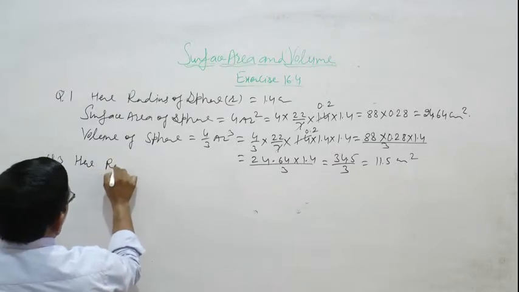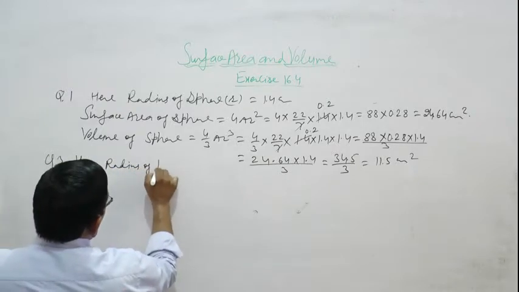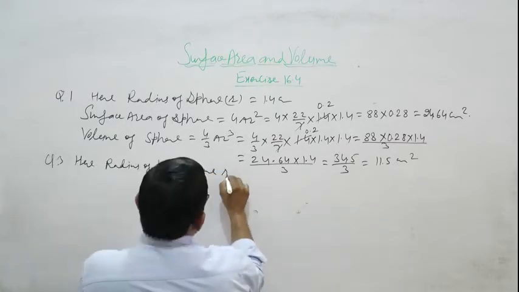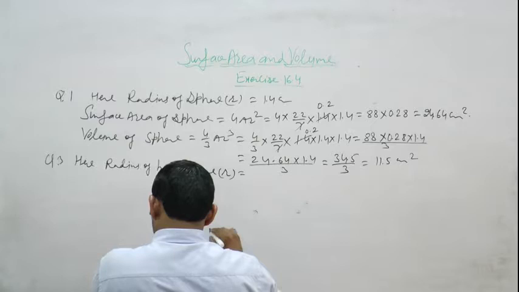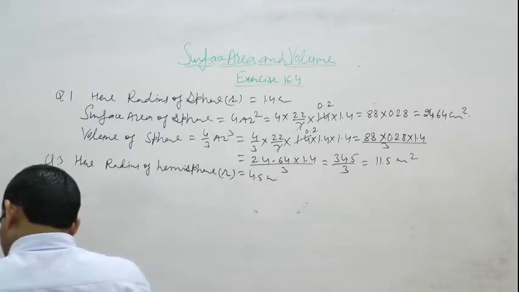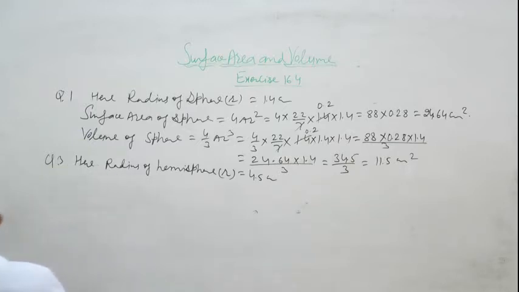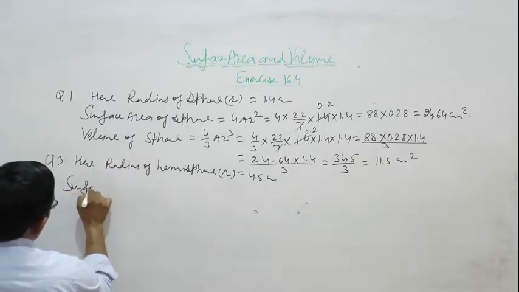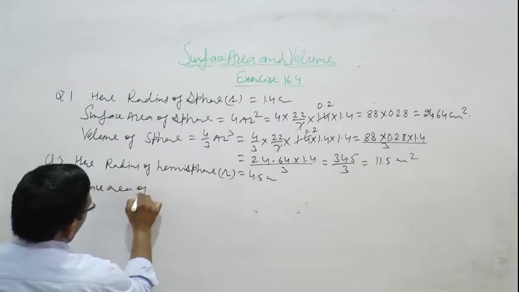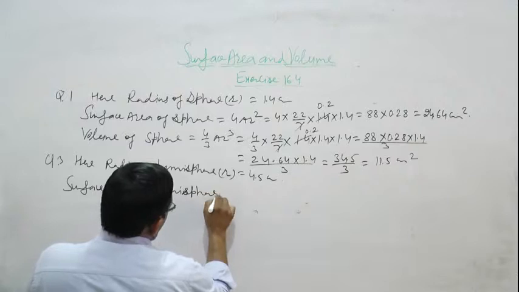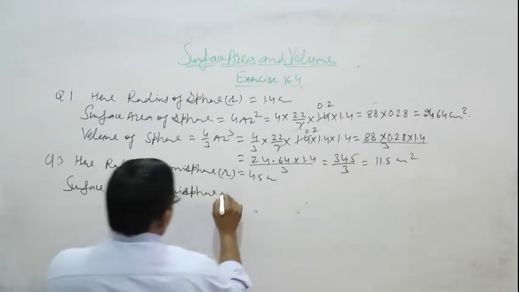So here the radius of the hemisphere is equal to 4.5 centimeter. We need the surface area and volume. So the surface area of a hemisphere, this is also known as TSA.